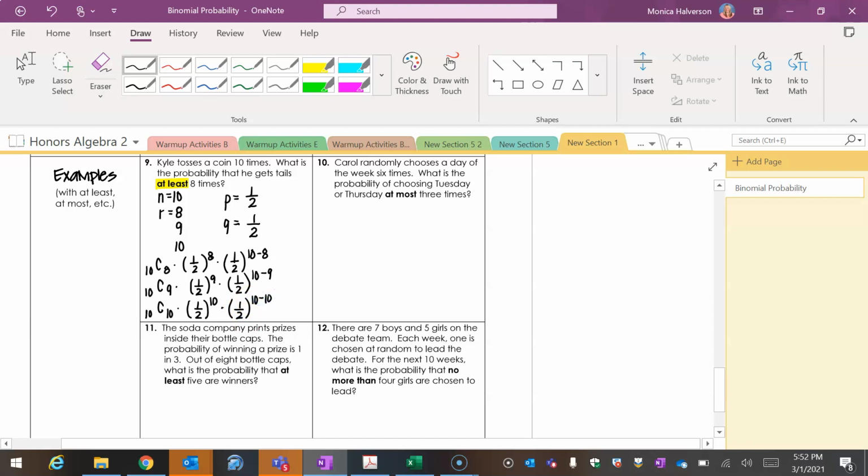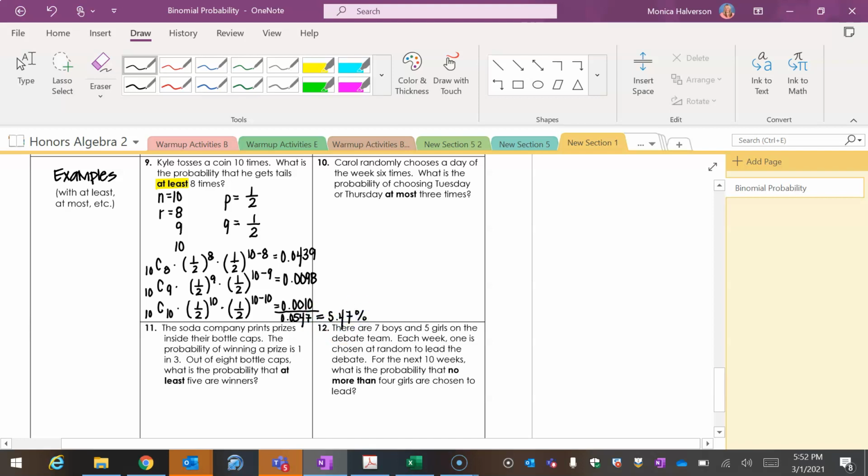And when you do this, this one is going to equal 0.0439. This one is going to equal 0.0098. And this one's going to equal 0.0010. You're then going to add these all together and get 0.0547, which we know is 5.47%.